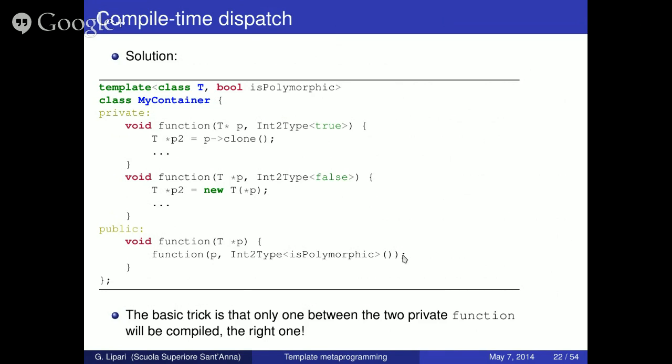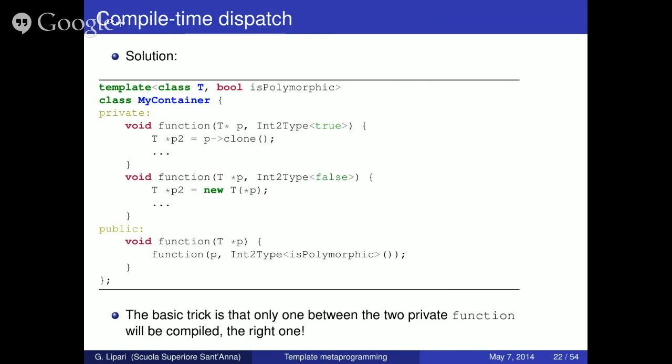Now, there is a little extra overhead here because we are creating an object of type int2type true or false, which we pass to a function without using it. In fact, I didn't even give a name to this second parameter.